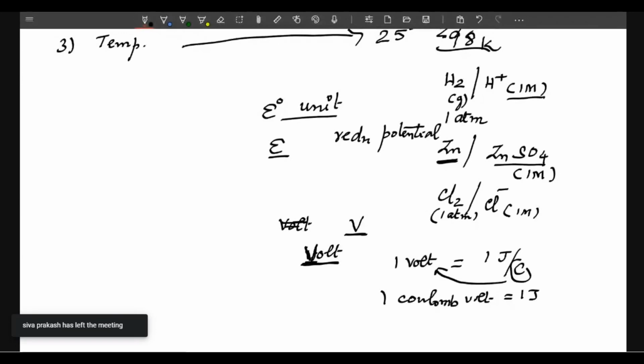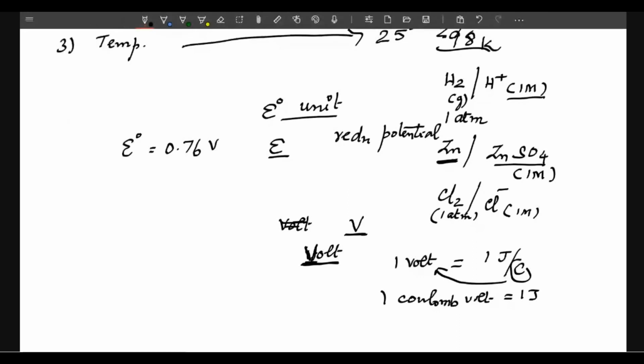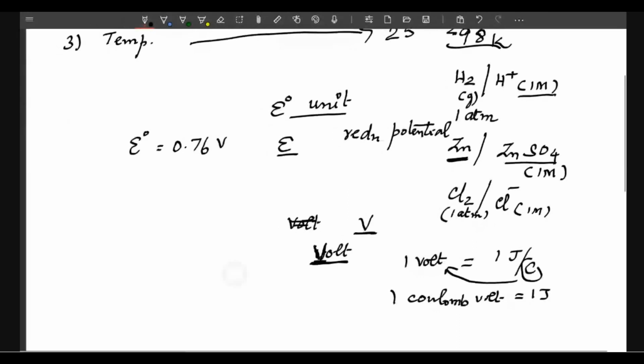Therefore, when you indicate that the epsilon oxidation potential value of the zinc electrode is 0.76 volt, it indicates the release of one positive charge or one negative charge.